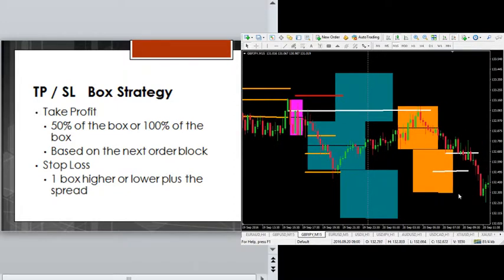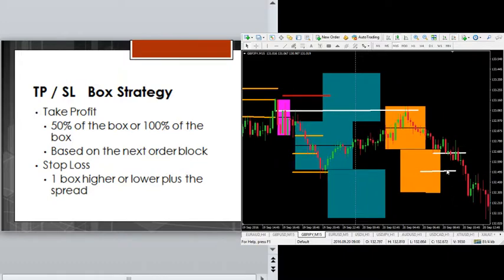Okay, so again, it broke the 50%, or rather the 100% of this box, but it is the 50% of 1 box down of your pre-Asian box. So you would have to trade with caution every time the price reaches the 50% of the box. So again, because of this order block, it reached 100% of this box.